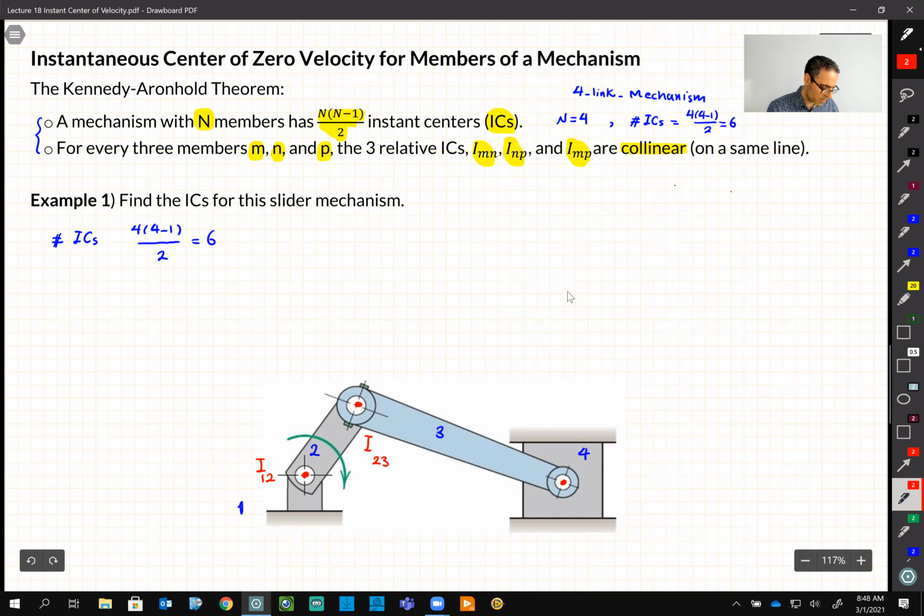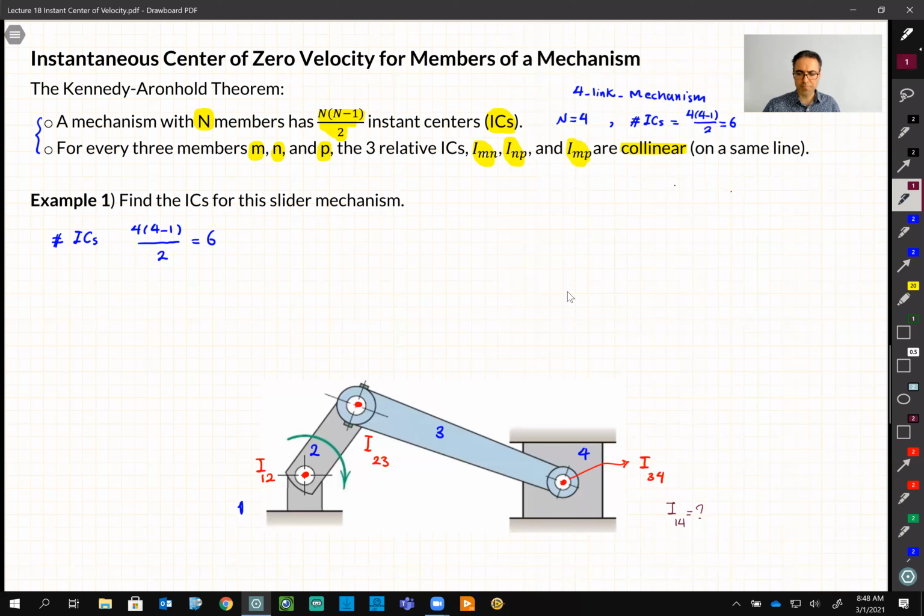This one is I between 3 and 4. And you should be able to find I14. If you could find I14, then the problem will be solved. But I will give you 1 minute to think about it, and then we will be done for today.